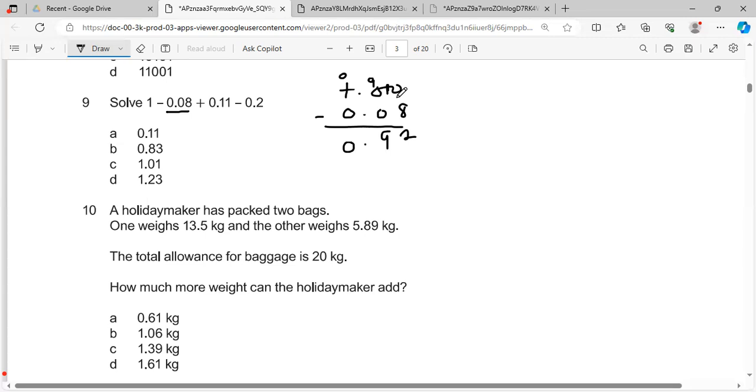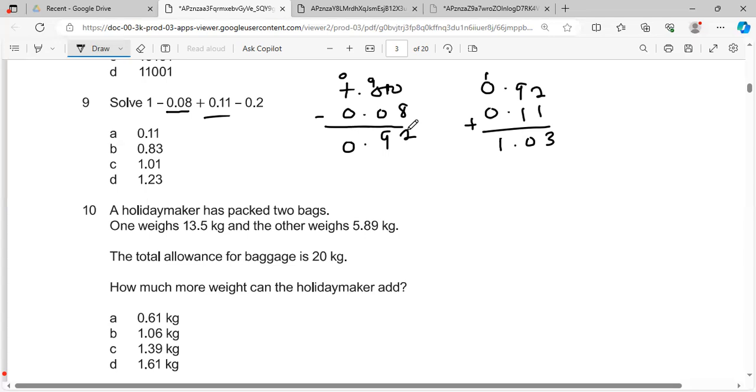So let's add 0.92 to 0.11. Remember, whatever operation they say we should do, we should do it, right? So 1 plus 2, that's 3. 9 plus 1, 10. So that's 0, carry the 1. So we now have 1.03. Sir, I got B as my answer.